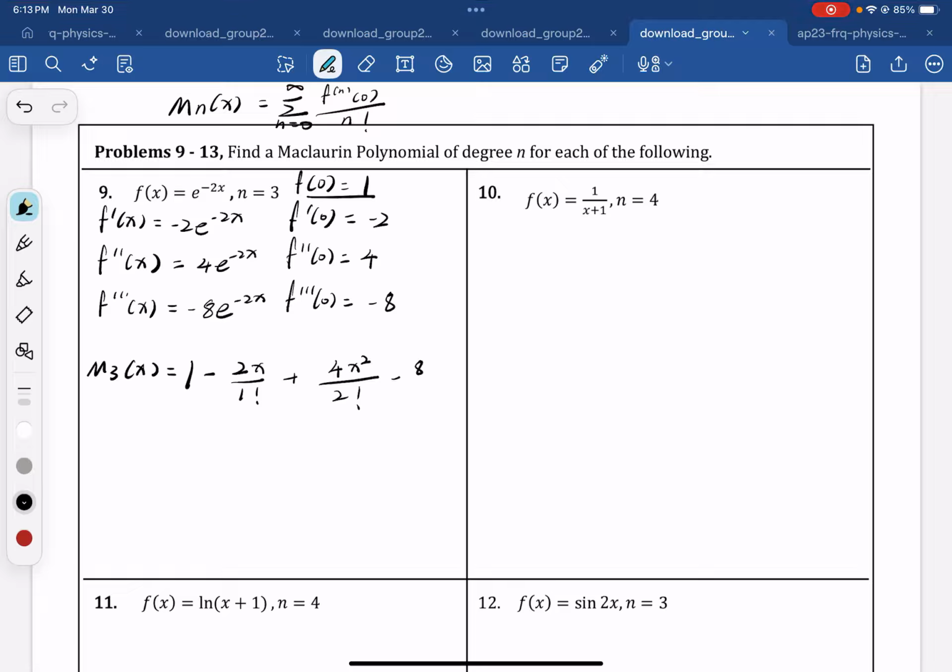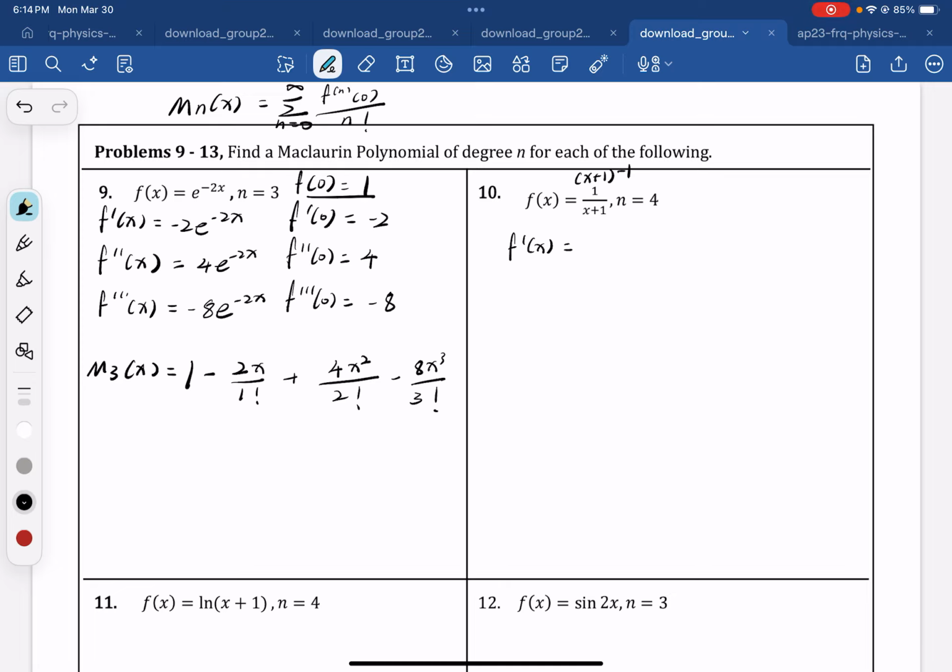Let's see question 10. f of x equals 1 over x plus 1. So we can just make it (x plus 1) raised to the power of negative 1. So f prime of x equals negative (x plus 1) raised to the power of negative 2.